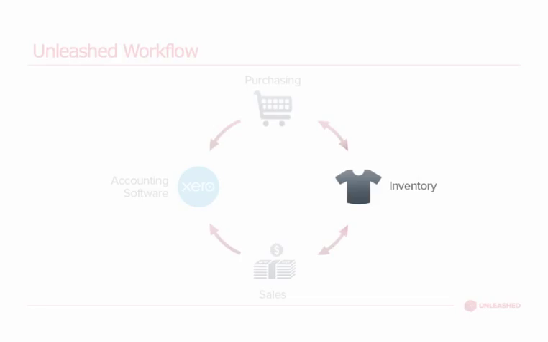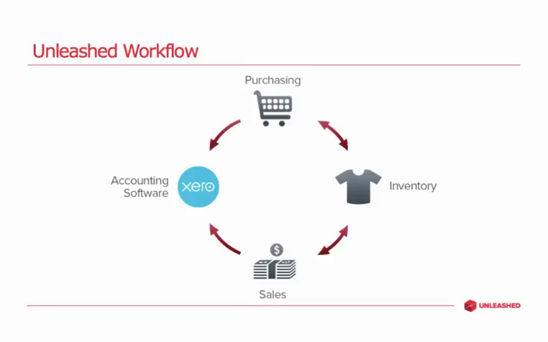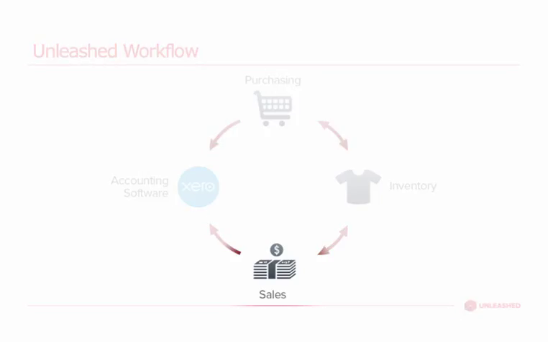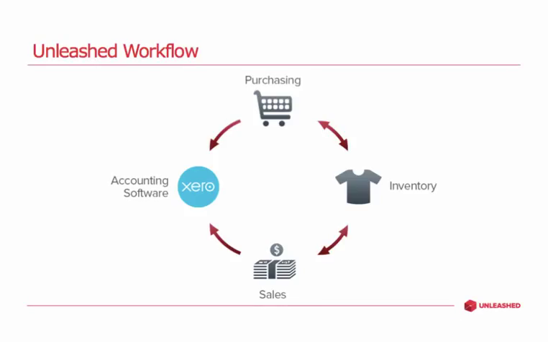Now the inventory side, we have a whole bunch of really awesome features to help you manage inventory, such as stock adjustments, stock takes, moving goods between warehouses, and our production features. We'll be covering these off in just a few moments. Moving down to our sales side, which is most important to your business.